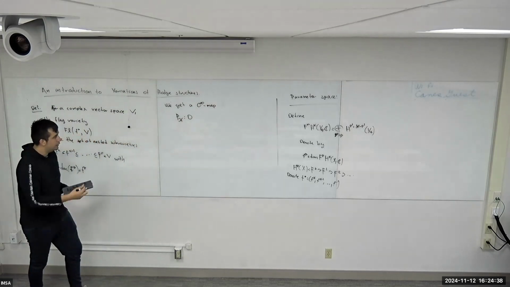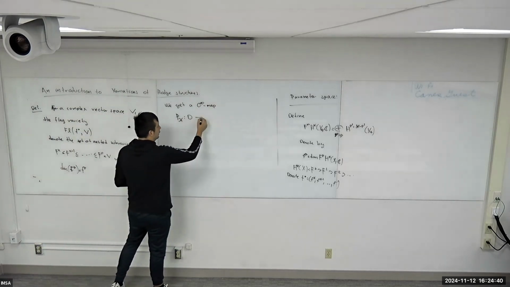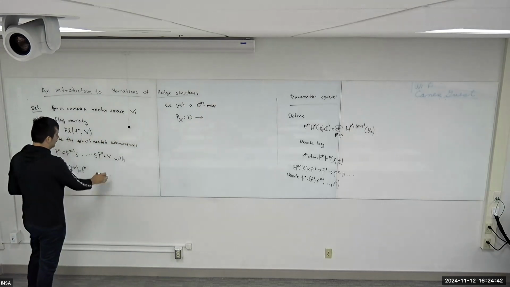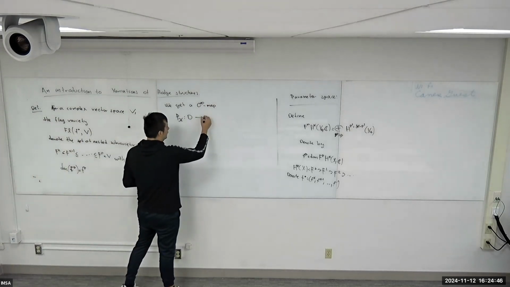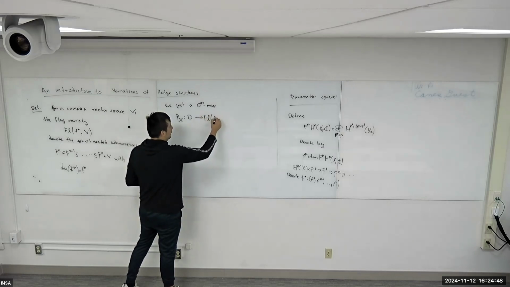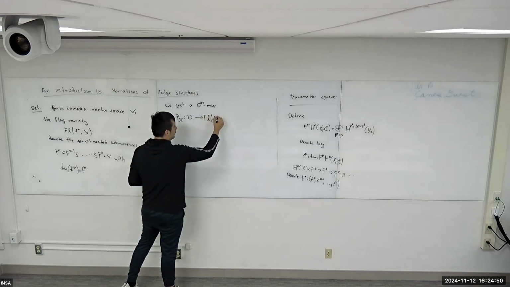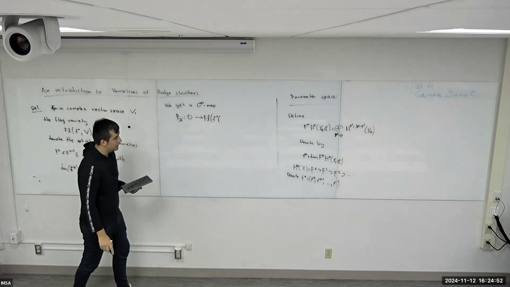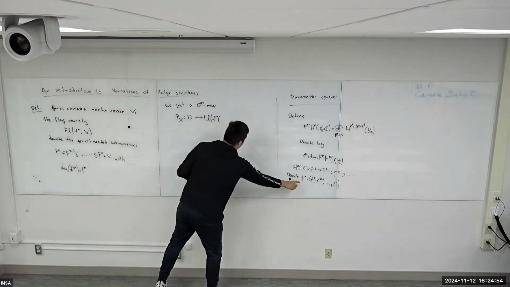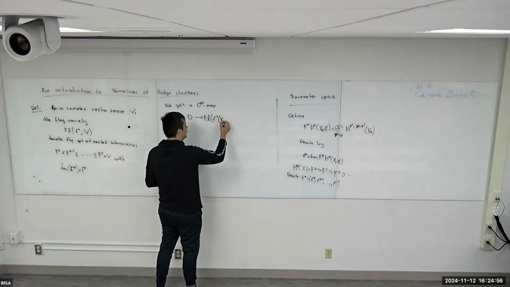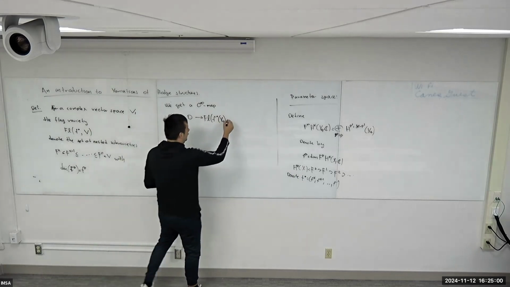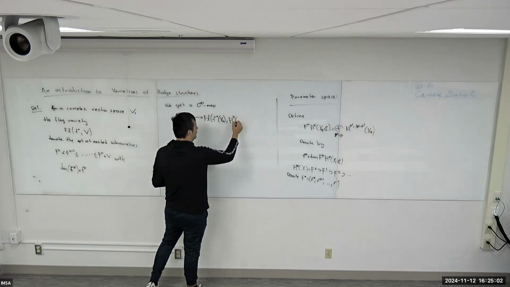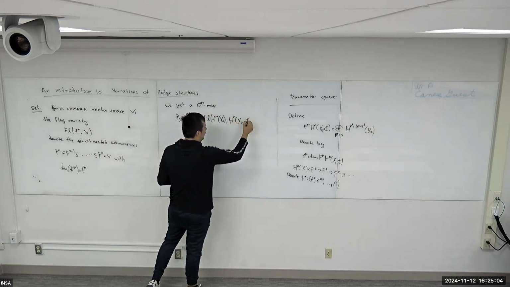This is going to be defined from the disk to a flag variety like this, having the numbers associated with the central fiber, and the space in which they are varying is the cohomology of the central fiber also.